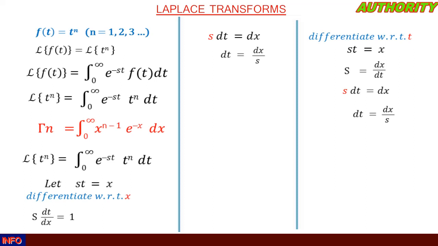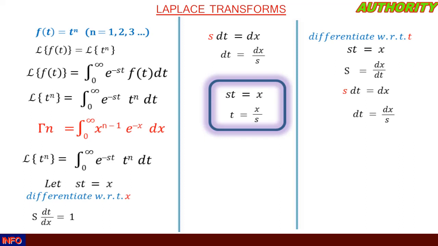We have st is equal to x. We make t the subject so that we can replace t with the equivalent value. Now we divide both sides by s so that we make t the subject. So when you do so, we are going to say that t is equal to x all over s.